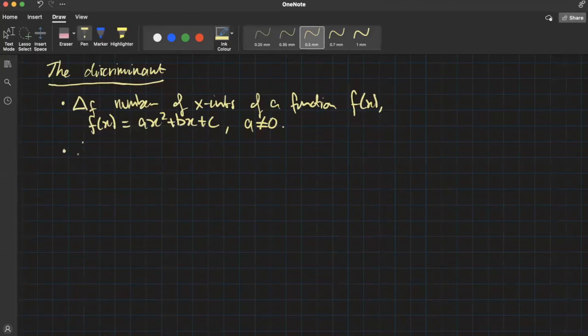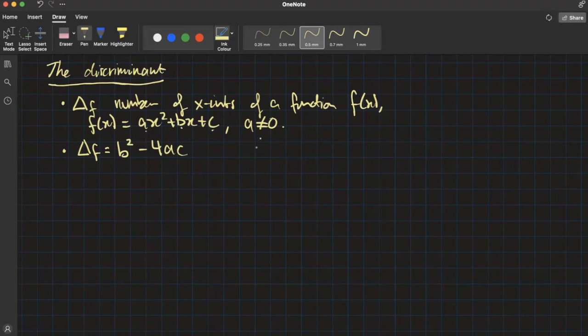The discriminant of the function f is found by taking b squared, subtracting 4 multiplied by a multiplied by c. And these parameters just come out of our quadratic formula.